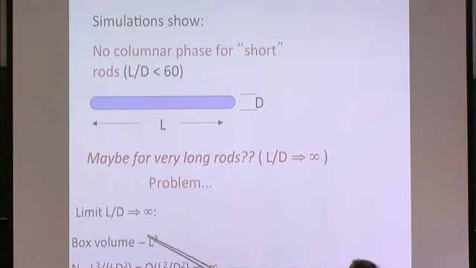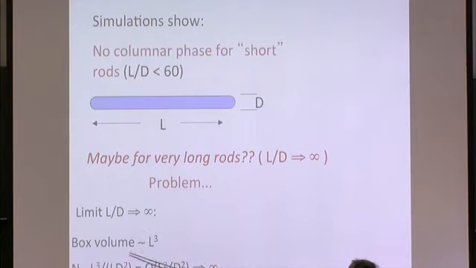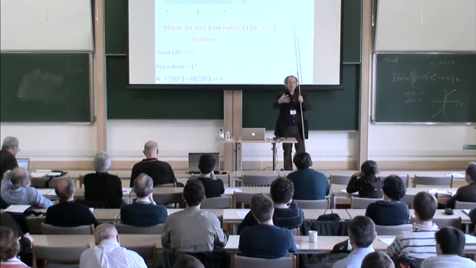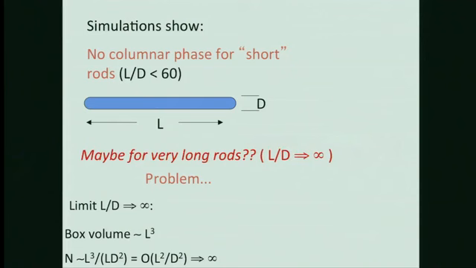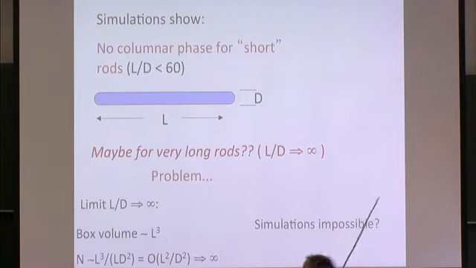The naive argument would say you need a box volume of order L cubed, and the volume per particle is of order L D squared, because the volume fraction is not negligible, and therefore the total number of particles in such a simulation would go as L over D squared, and that goes to infinity. So if you go to this huge aspect ratio, you run into problems because the number of particles that you have to simulate diverges. And so you'd say, that's bad news, you can't do it.